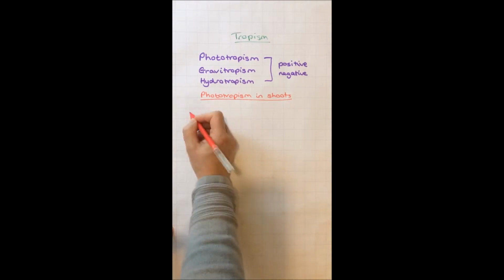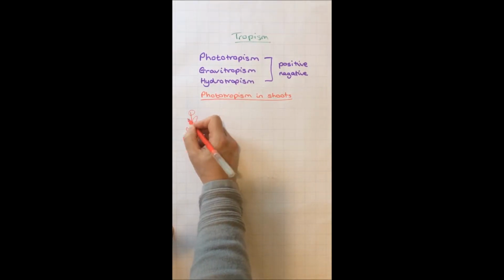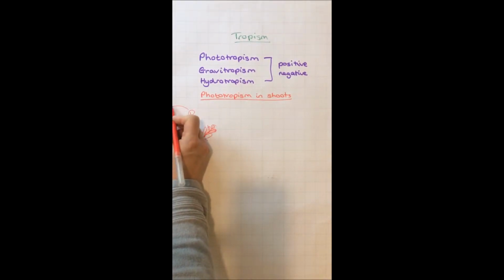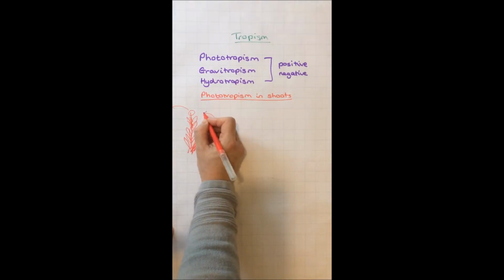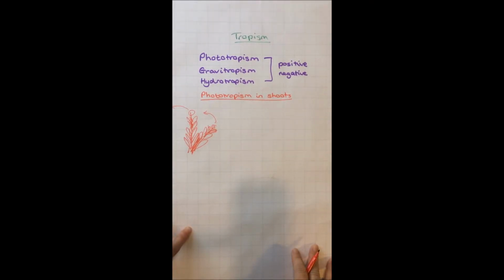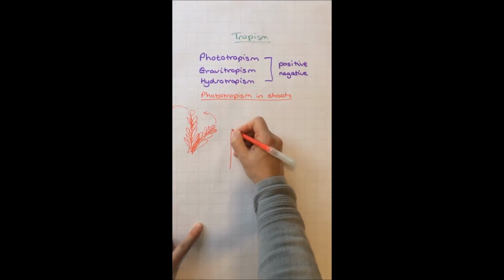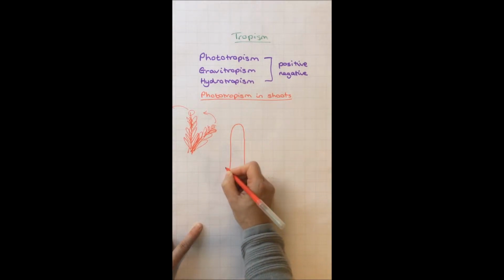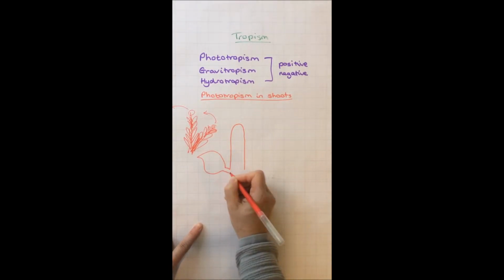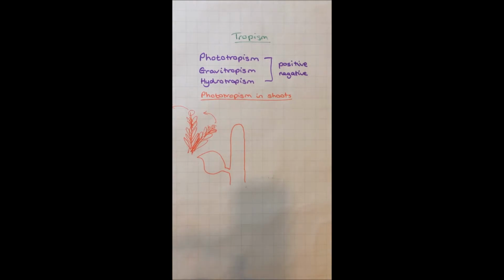So this area here, where the plant is going to be bending towards the light. And that response would be a positive phototropism. So if we look at the shoot itself, here's the shoot, here's one of the leaves a bit further down. Let's say we had light coming in from this direction over here.